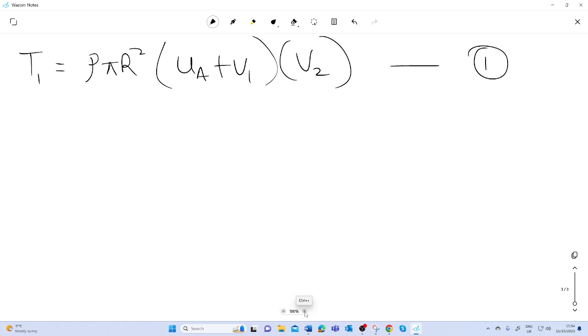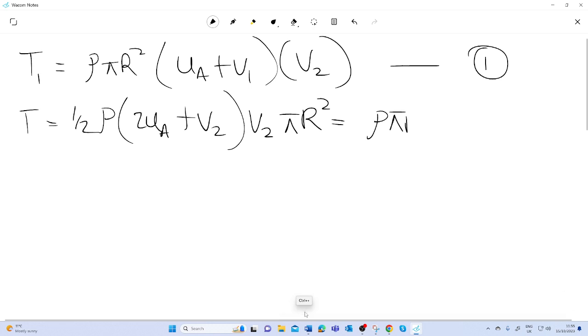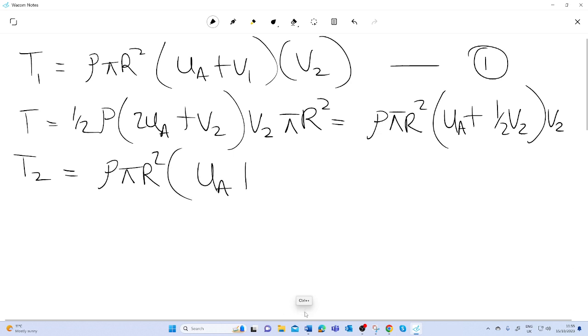And also from the previous thrust that we found, which is half rho (2 UA plus V2) V2 pi r squared, this eventually becomes rho pi r squared (UA plus half V2) V2, and T2 now becomes rho pi r squared (UA plus half V2) V2, and this becomes equation 2.